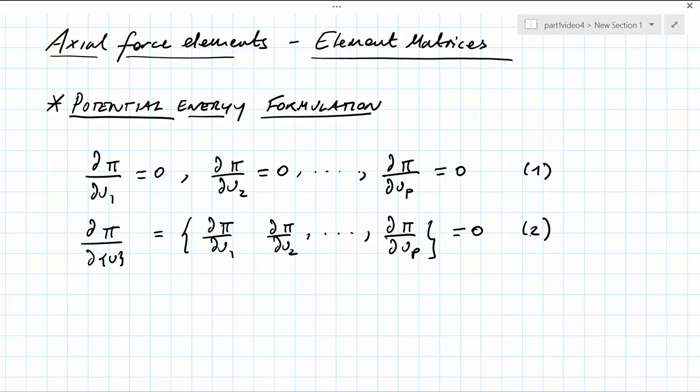Recall from the previous video that the total potential energy for a system of n elements is given by the following expression.